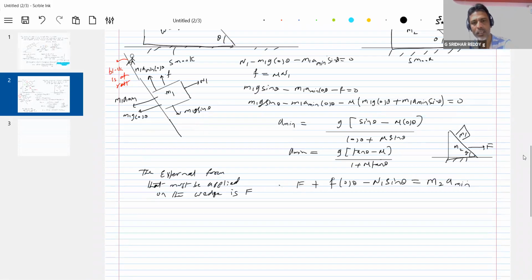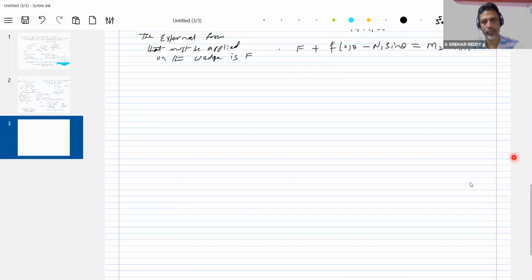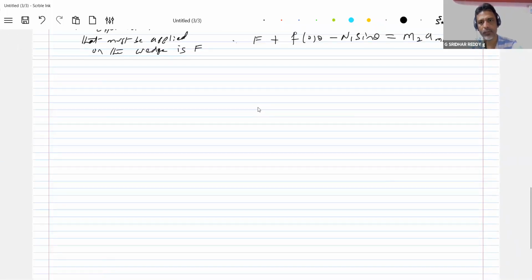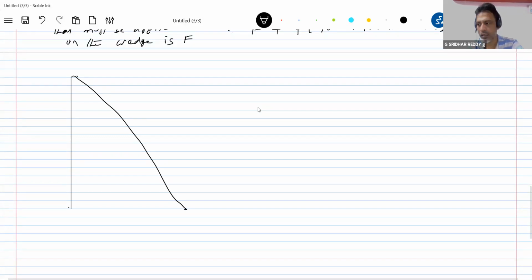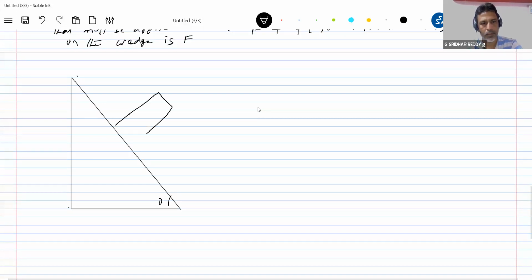I'll directly go for the next condition. Theta, this is M1. What is the acceleration of the wedge?